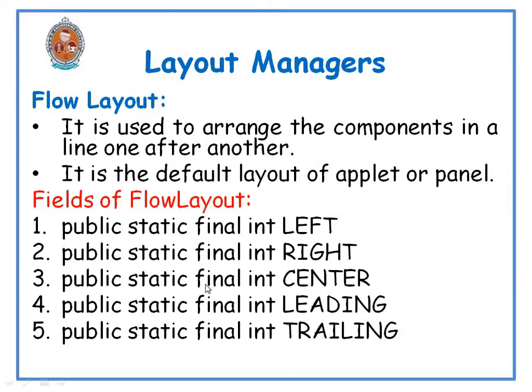In order to add the component in the center, we need to use the constant center. Public static final int leading means that we can arrange the components in a leading manner. Public static final int trailing means that we can add the components in a trailing manner.